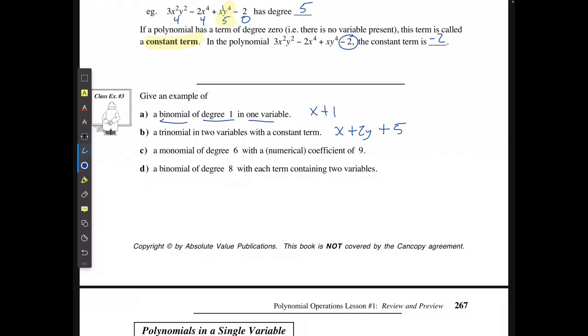An example of a monomial with a degree of 6 and a numerical coefficient of 9 would be if I had 9x to the 6.